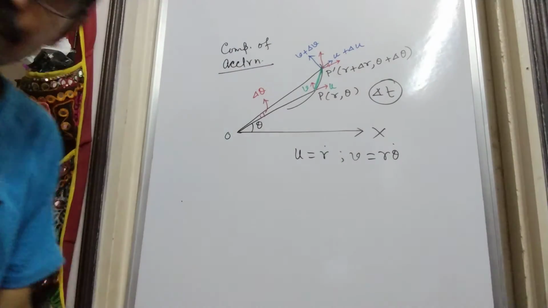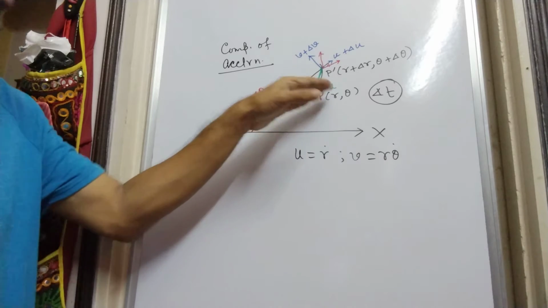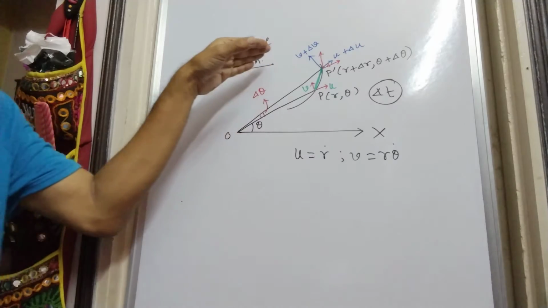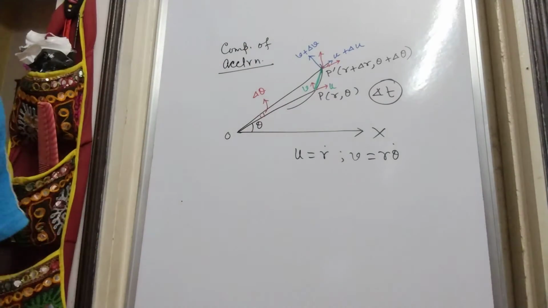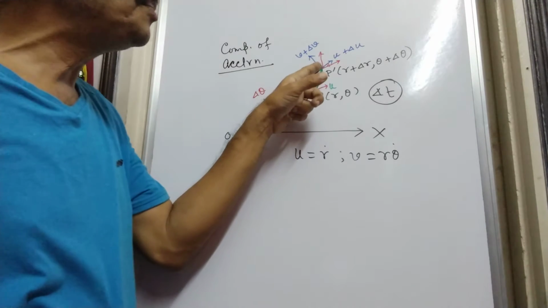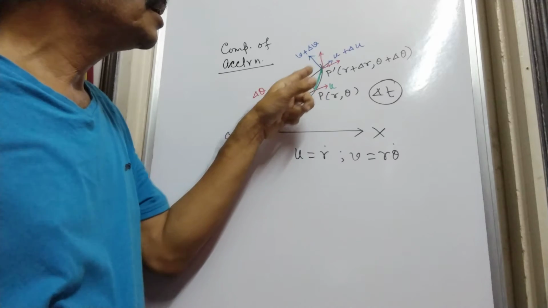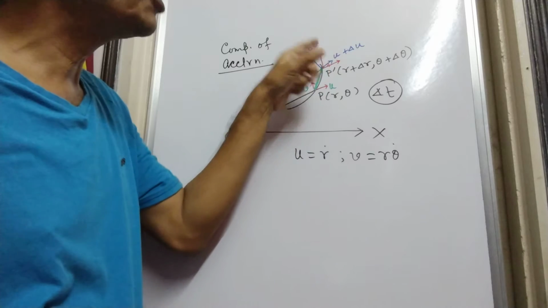So we have the velocity at this point P, u and v, and at this point P prime u plus delta u and v plus delta v along radius and cross radius, that is perpendicular to the radius. Now let us draw at P prime these two arrows, red arrows, parallel. So this is the direction of u and this is the direction of v.